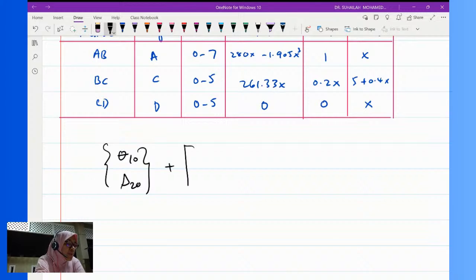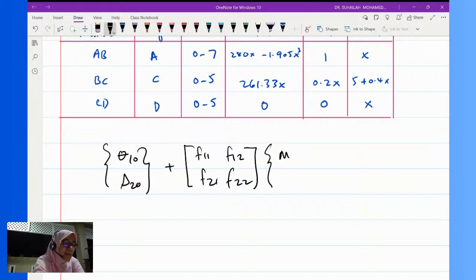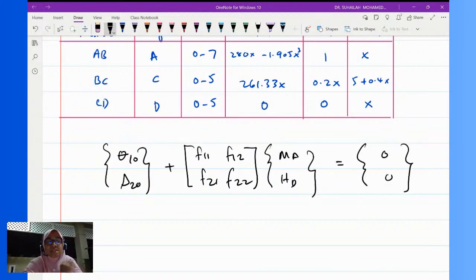And we have a 2 by 2 matrix, F11, F12, F21, F22 times redundant MA, redundant HD, equivalent to 0 except when there is a support settlement. So this is the standard form of the compatibility equation.